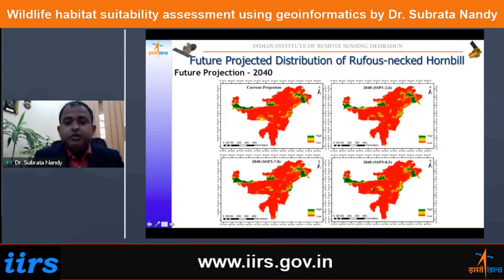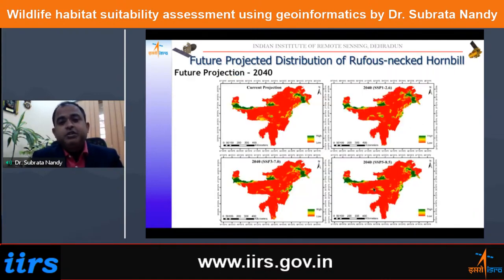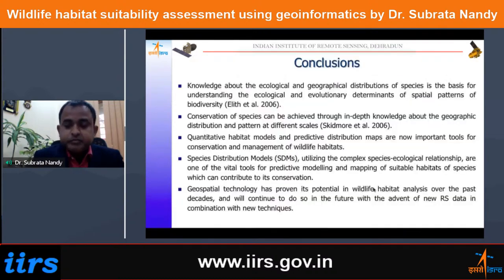So you are studying the current distribution of the species, and you can also take the future projected distribution based on the climate data available for 2040 and even 2070. So both the current distribution and the future projected distribution of the species are mapped.